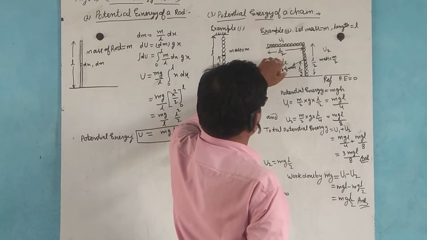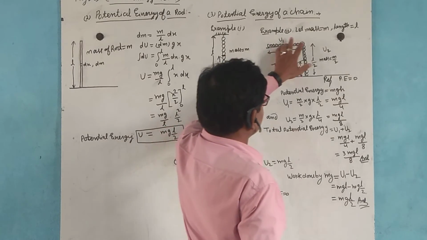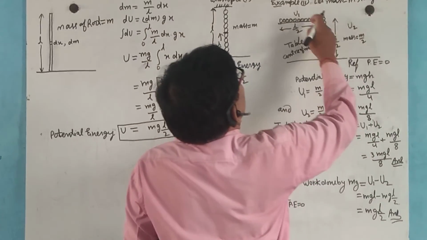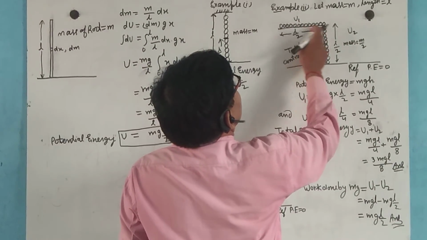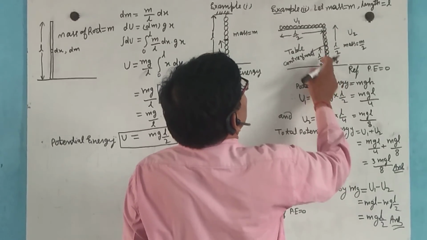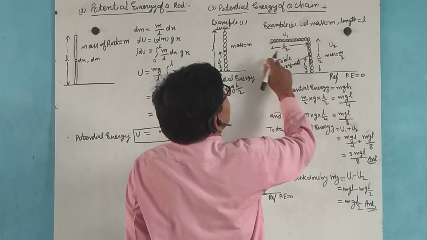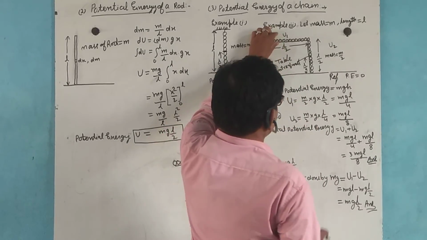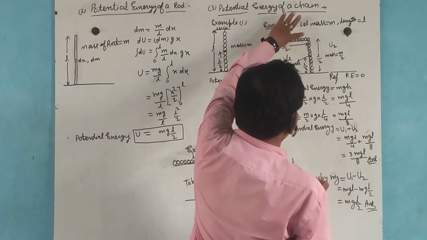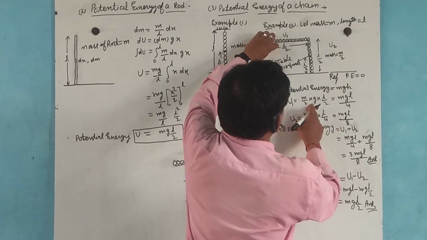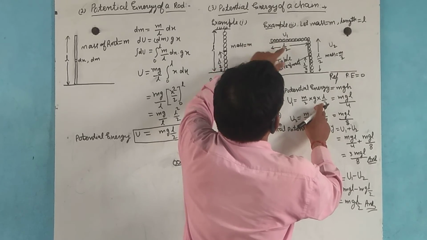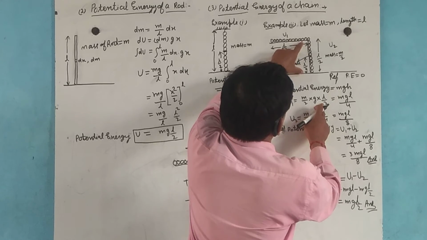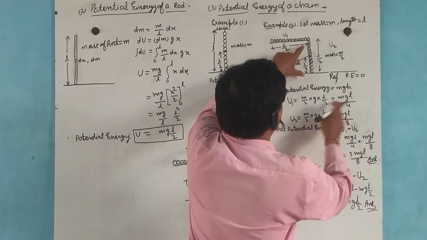Now, second example. Let us suppose that the mass of the chain is m and total length is L, so in this case this part is L by 2 and this is also L by 2. Potential energy of this is U1, equal to mass m by 2, g, and this is at height L by 2 from the reference point, so mgL by 4.